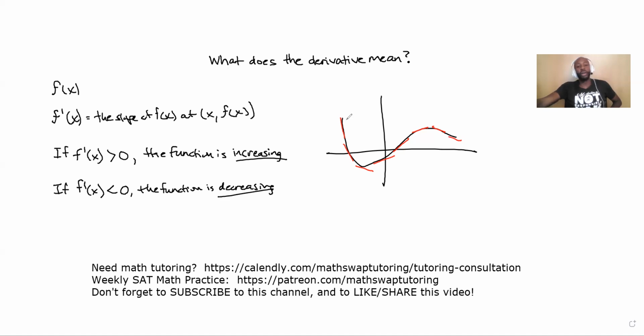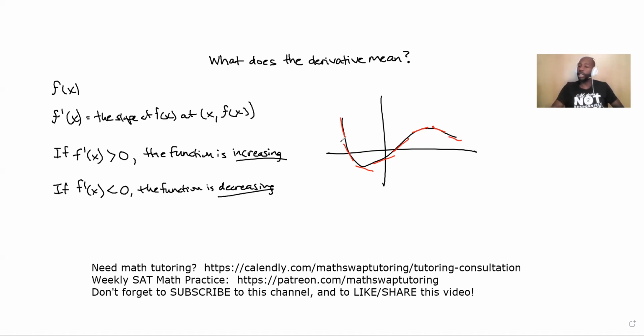So you see here, the slope is negative because it's going down, just like it says here. f prime of x is less than 0, and the function, as you see, the black line, is decreasing at that point. So if you use your visualization muscles a bit, you see that the derivative can be noticed based on whatever kind of behavior the function has, if you look at it graphically.